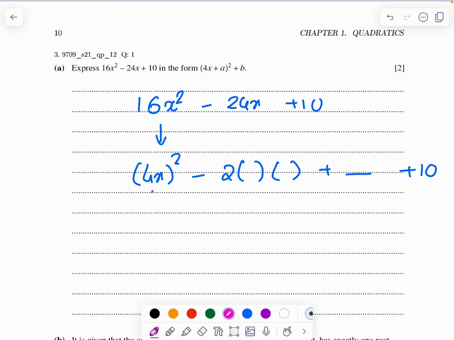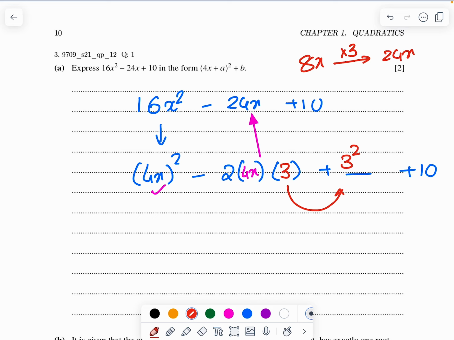So we know that this is 4x. Now but I want 24x. So 2 times 4x is 8x. 8x should be multiplied with what to get 24x? It should be multiplied with 3. So 3 square should be there, so that it will become a completing square.